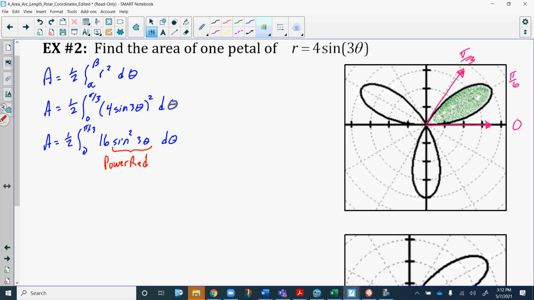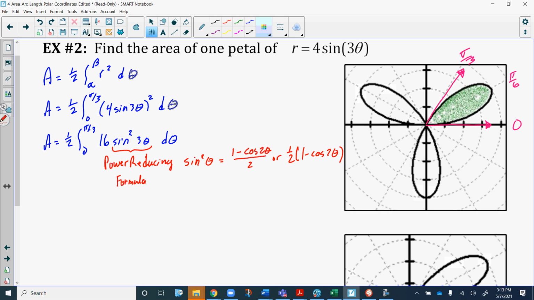This is our second power reducing formula, which in this case says sine squared of theta is equal to either (1 minus cosine of 2 theta) over 2, or 1/2 of (1 minus cosine of 2 theta), however you want to work it.